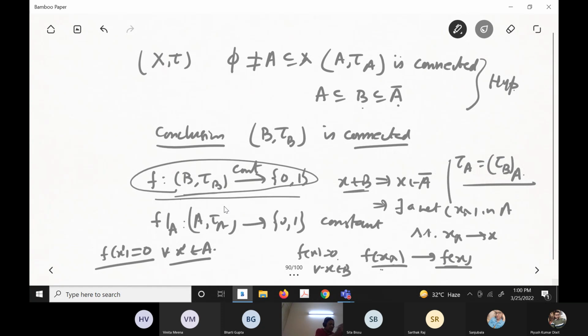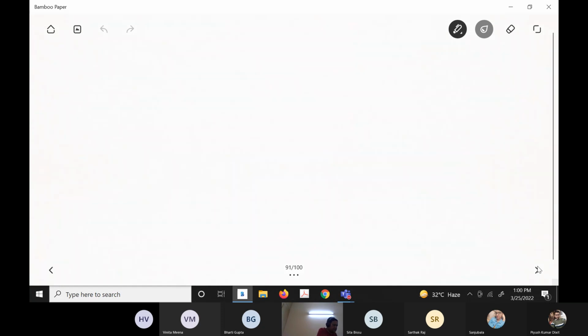Okay, so in particular the closure of a connected space is connected. The closure of a connected subset is connected.